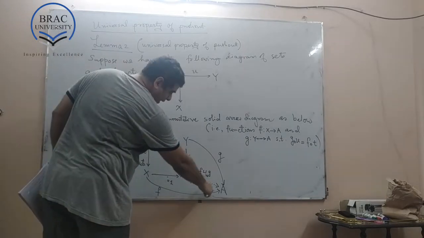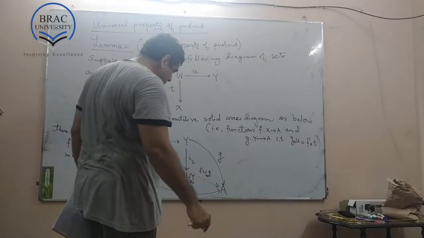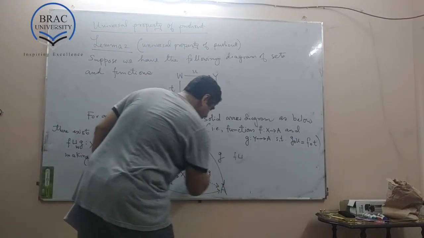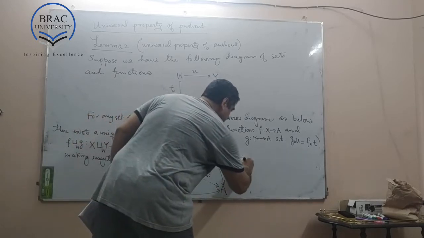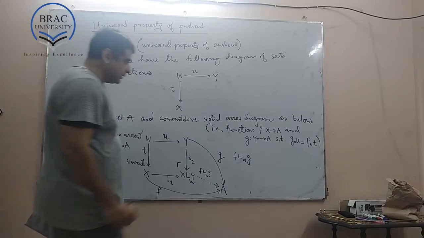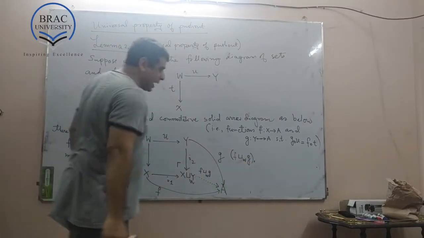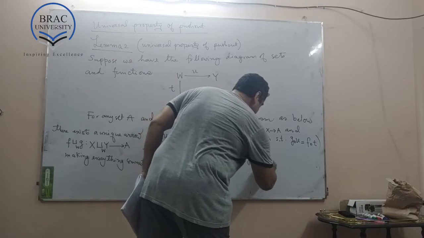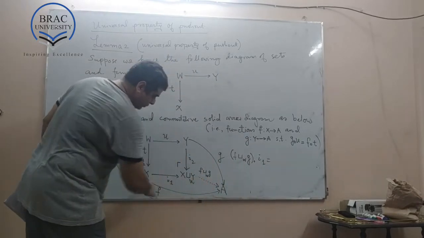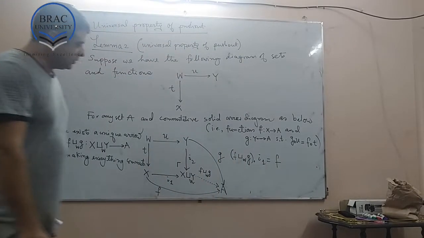If this triangle has to commute, and if this triangle commutes, then this unique function that we want to exist, composed with this inclusion map I1, has to be equal to, this path has to be the same as this path. This has to be equal to F.